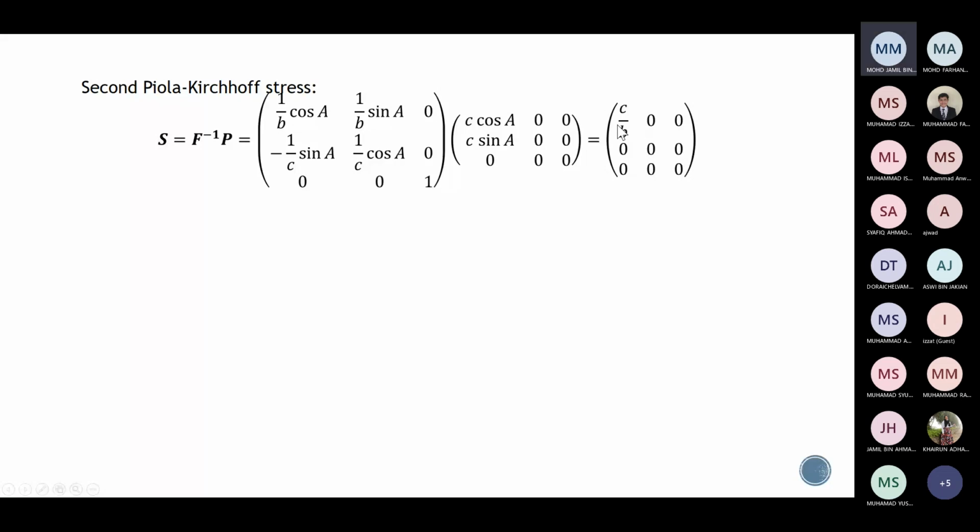If you get S not symmetric, then it's wrong, it means you made a mistake in the calculation. So always remember, S is symmetric and P is not symmetric. And the Cauchy stress tensor is also symmetric. So Cauchy and second Piola-Kirchhoff are symmetric, while first Piola-Kirchhoff is not symmetric.